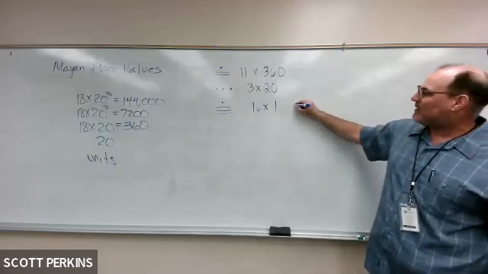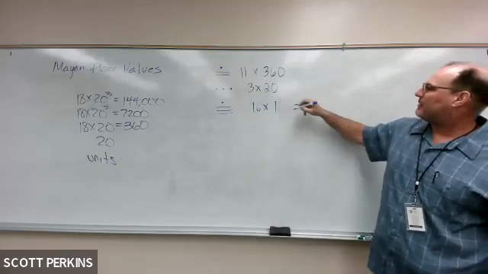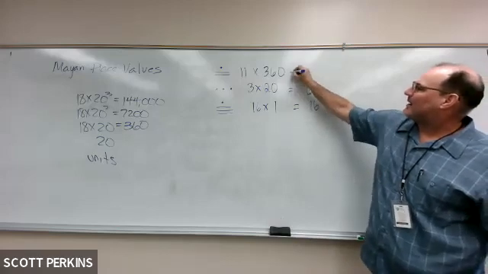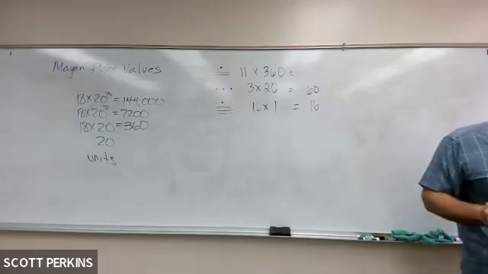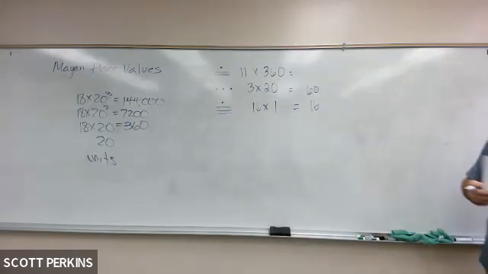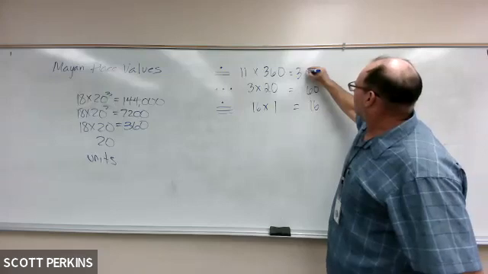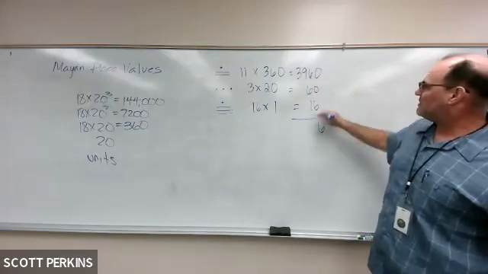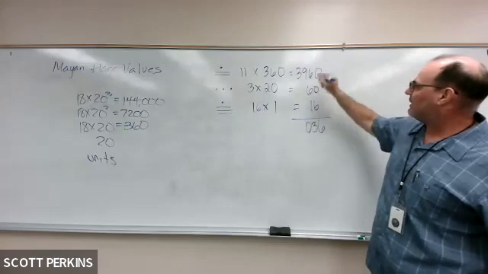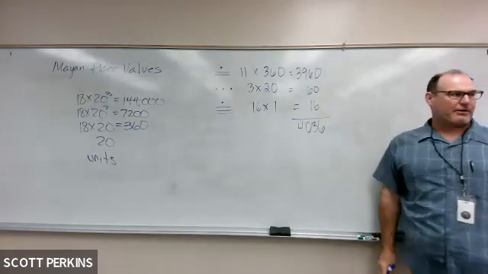So what that's going to equal then, 16 times 1 is 16, 3 times 20 is 60, 11 times 360, what is that, 3,960? Yes? Just got lucky. So then we have 6 and 13, carry the 1, and then 4,036.